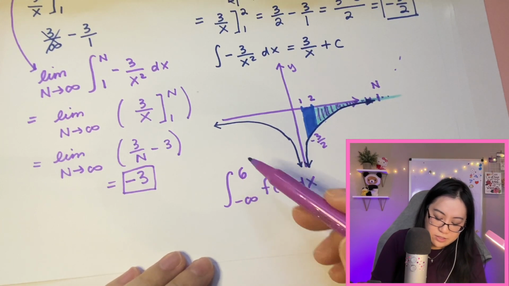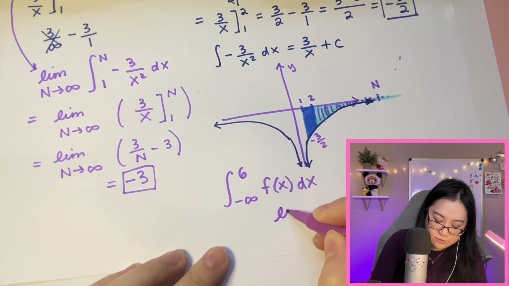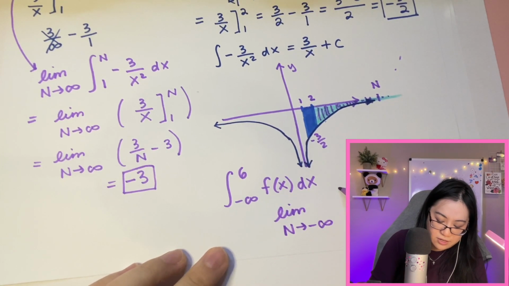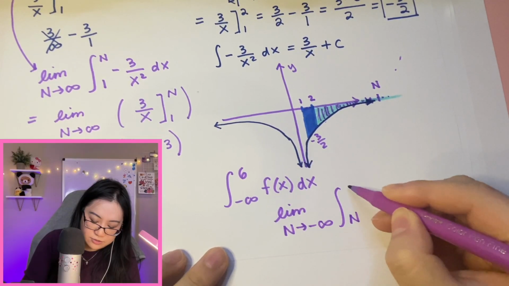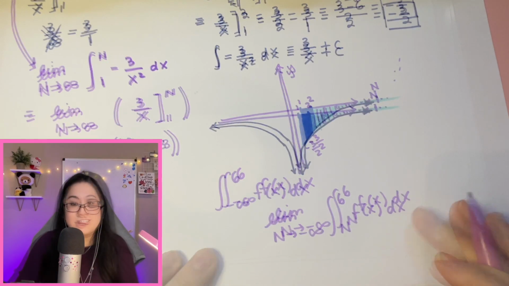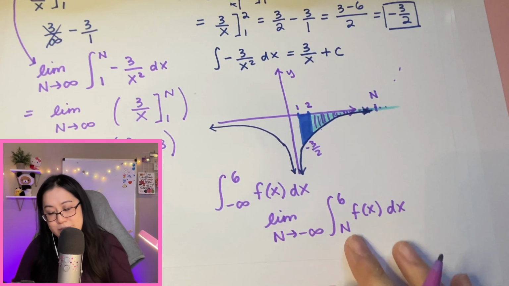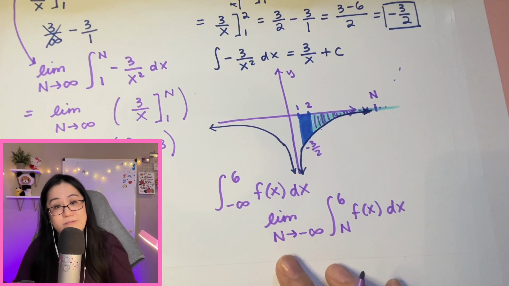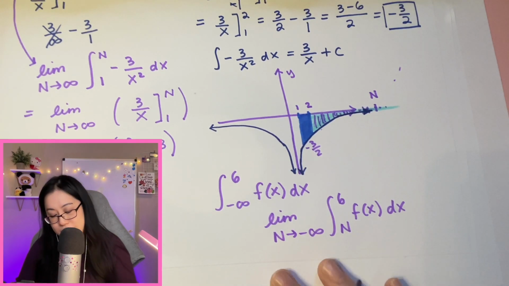Then you can try out the limit as n approaches negative infinity of the integral from n to 6 of f of x dx. So you get the idea? You just replace the bound with another variable and take the limit as that variable approaches negative infinity or positive infinity.